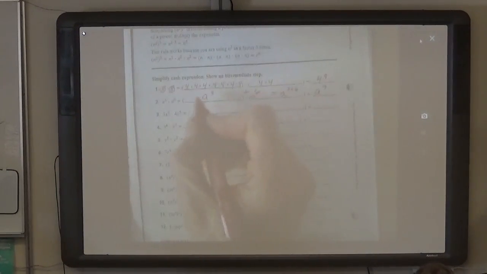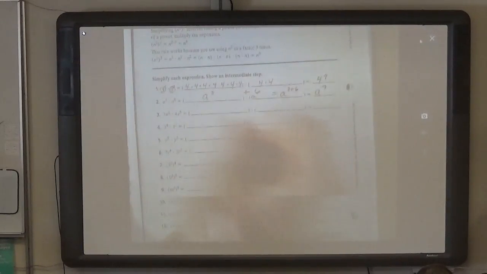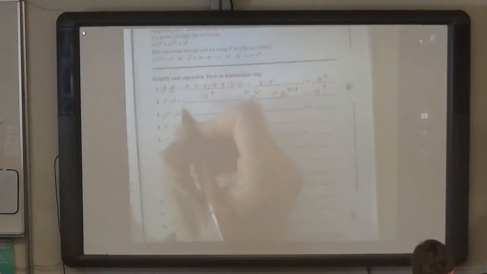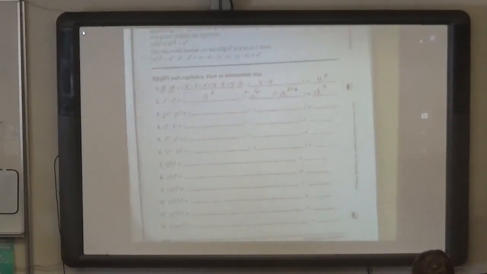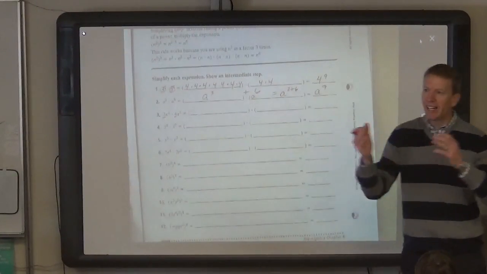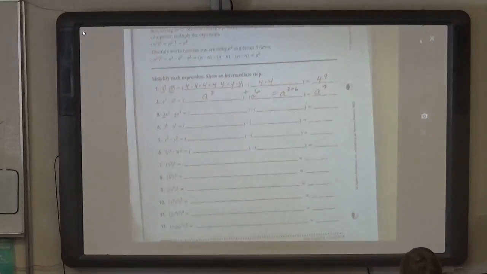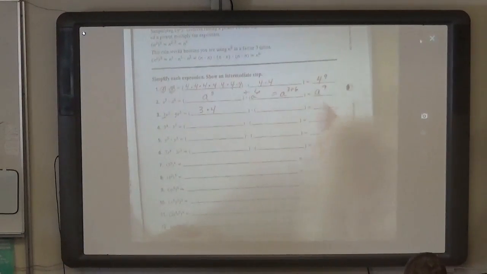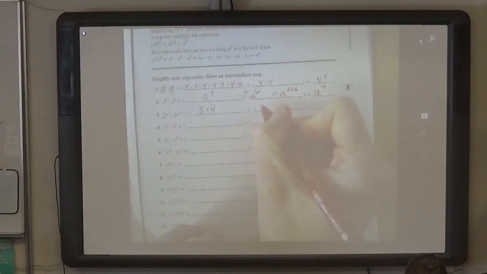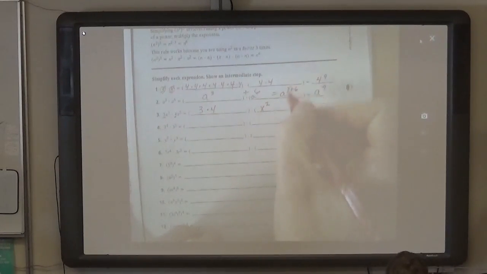How about this one? In this one, what we're going to do is multiply the numbers first. Because of the commutative property, we can multiply these in any order we want to. So you can multiply the numbers first. Watch this. 3 times 4, and then times x squared times x to the fifth.